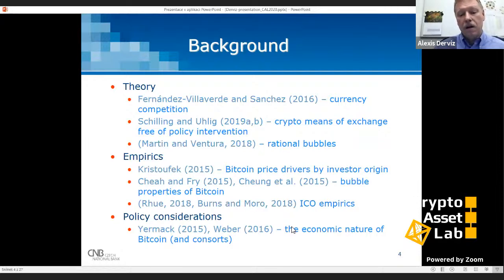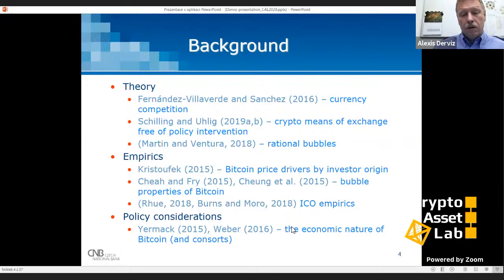Mainly the crypto assets were reduced to cryptocurrencies, their name was taken literally. That's why they were mainly investigated from their means of exchange side, and not from their store of value side.